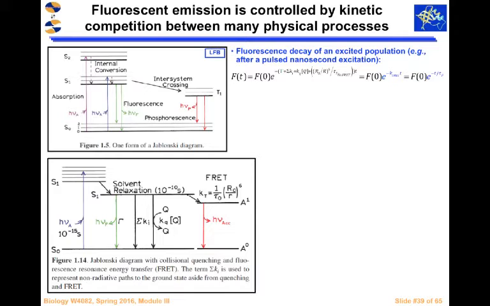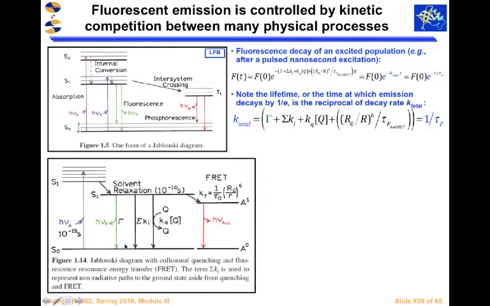So a good starting point for these considerations is, of course, the Jablonski diagram. The Jablonski diagram schematizes the different molecular quantum states involved and, importantly, the different processes that move fluorophores between the different quantum states.